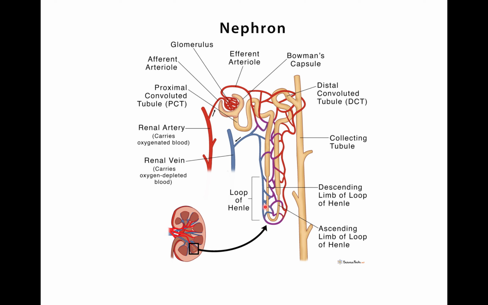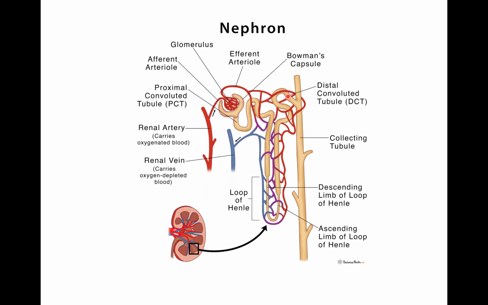In the descending limb, cells are flat and of squamous type, but in the ascending, cells are of cuboidal type. In the descending, the number of mitochondria is very low, but in the cells of the ascending limb, the number of mitochondria is very high. So these are some differences between the descending and ascending limb of the loop of Henle.